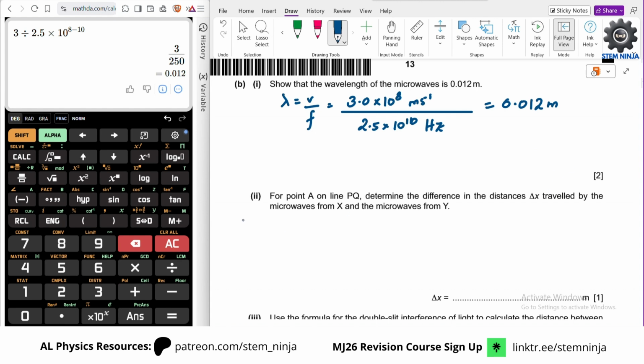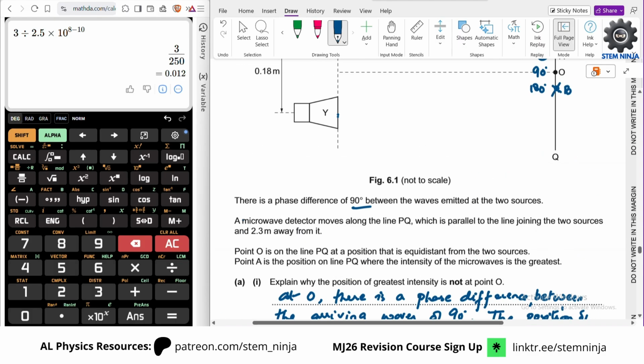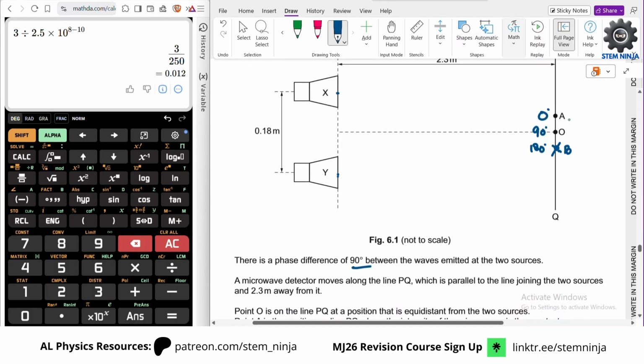For point A on the line PQ, determine the difference in distances traveled by the microwaves from X and the microwaves from Y. So we have already shown that the path difference is 0 at O. A is where, due to the phase difference, it would be 90 degrees away from it, like quarter of a wavelength away.